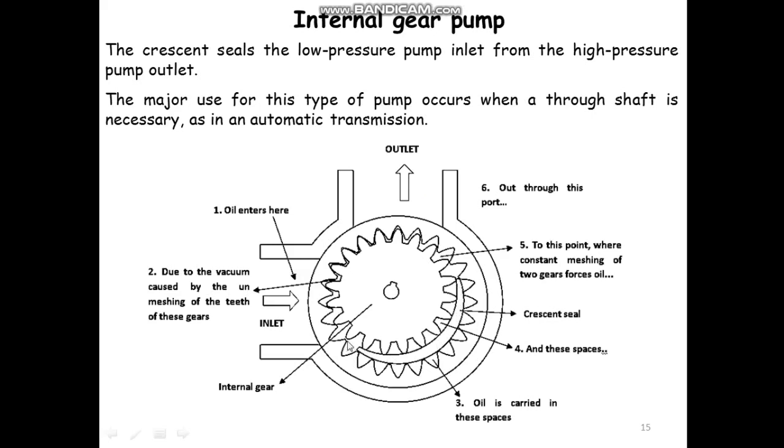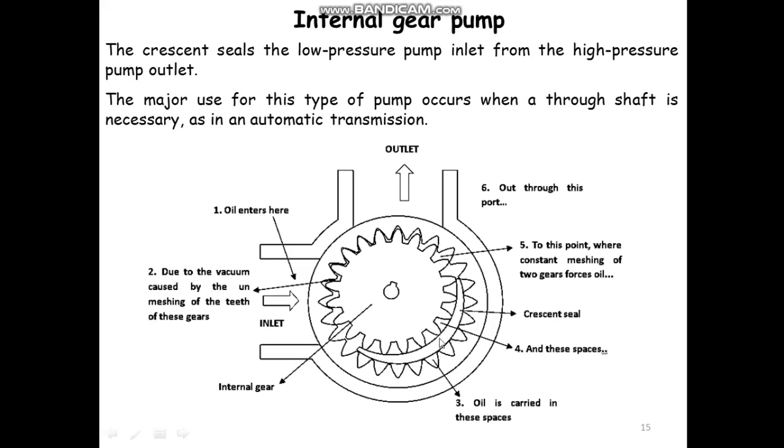If you see here, at this point there is a very small space between the addendum of the internal gear and the addendum of the external gear, and even here also. But from this point to this point, a huge space is available, and that is why the crescent seal is placed in this space, so that the space between these two is eliminated.